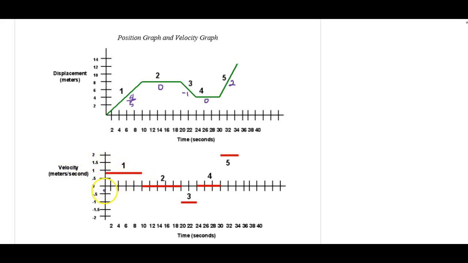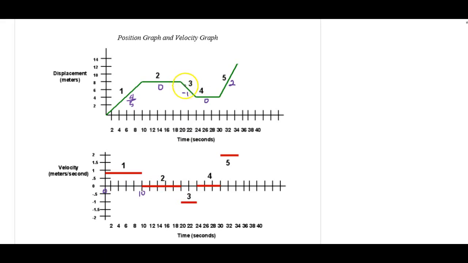Between 0 and 10 seconds, my velocity was a constant 4 over 5, because this is an average graph here. So the average velocity here is 4 over 5. And then from 10 to 20, my rate of change was 0. My velocity was 0, so 0 is just going to be on the horizontal axis.